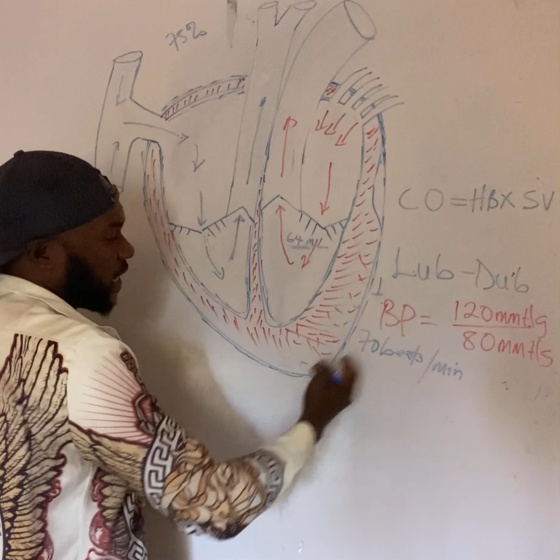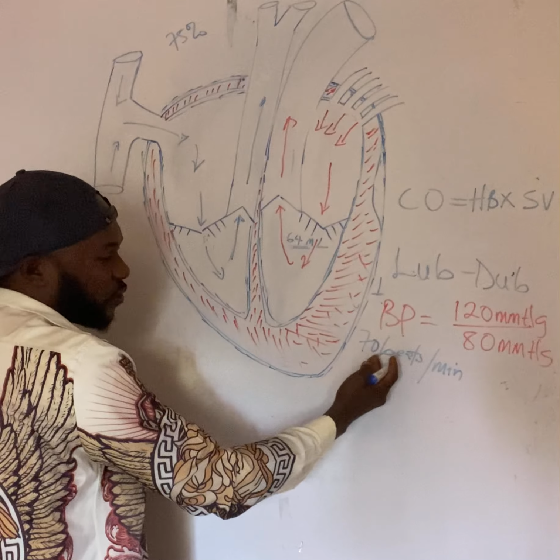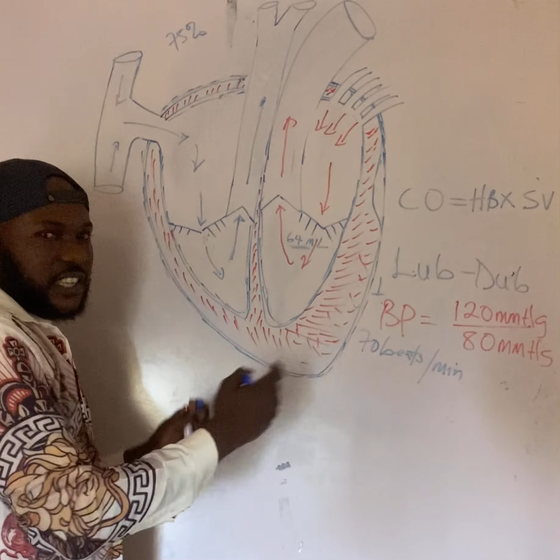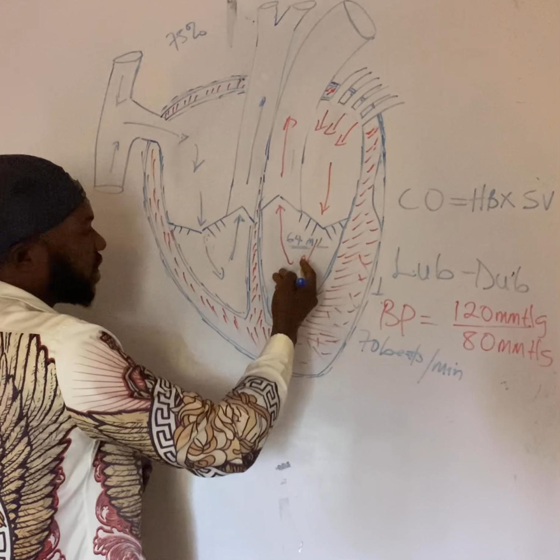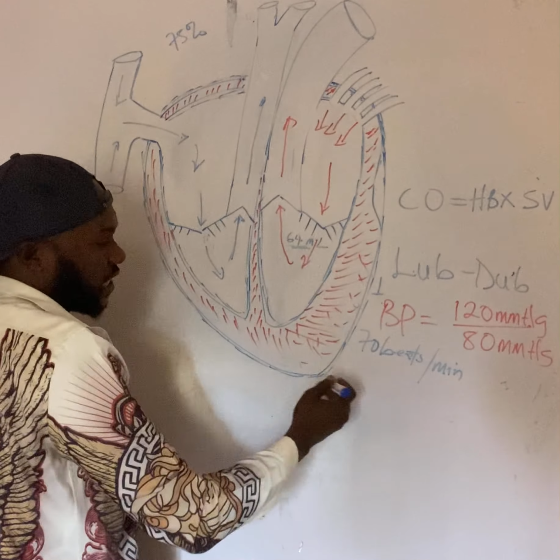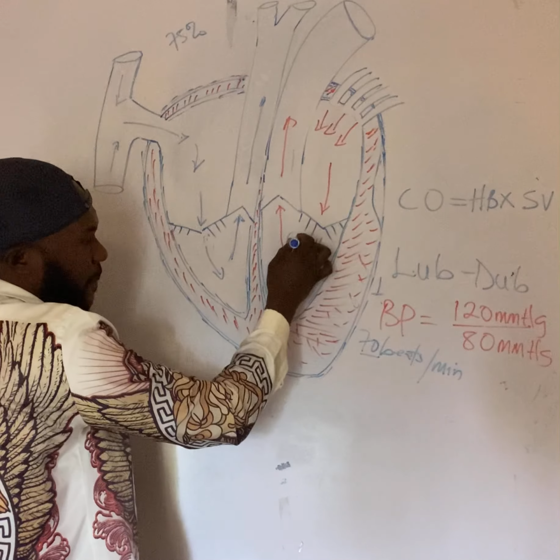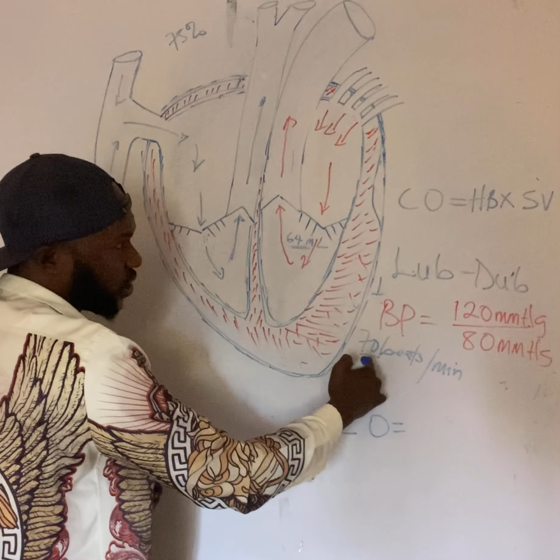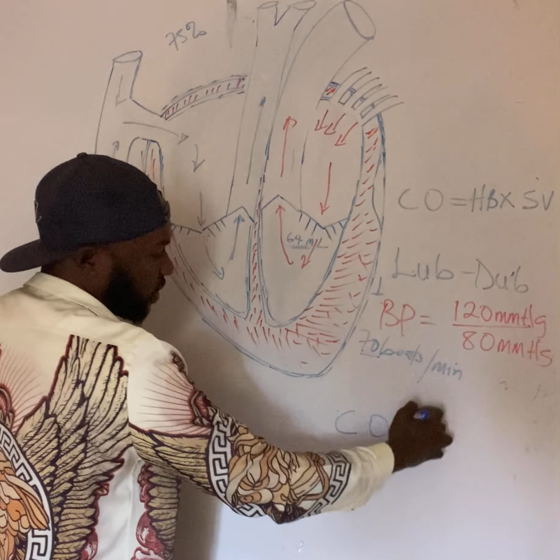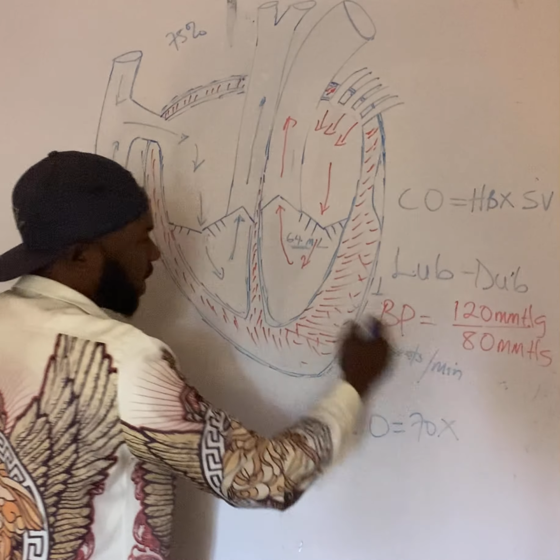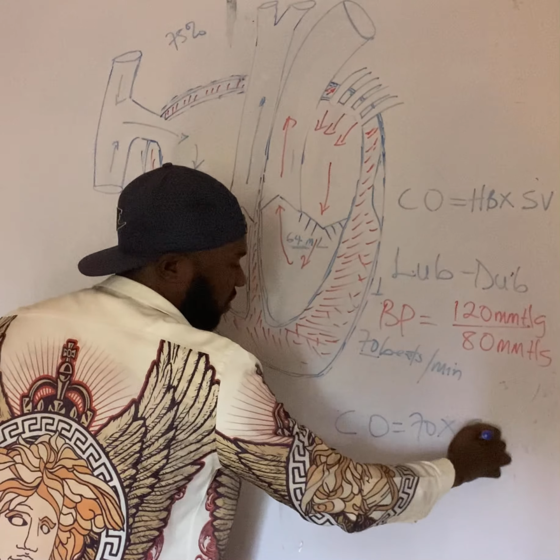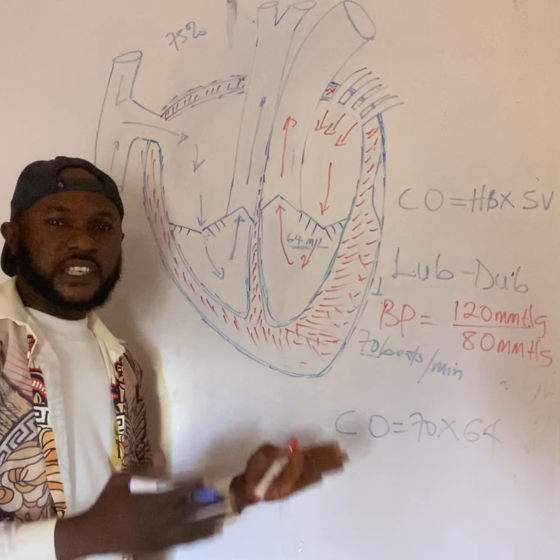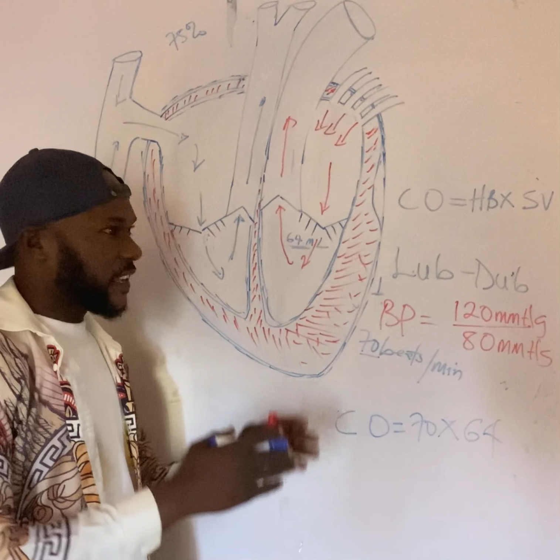Then, in any amount of beats in a minute, let's imagine you have 70 beats in a minute. If I want to know the volume of blood that will go out, it will be 70 multiplied by 64. Whatever it gives you is the cardiac output.